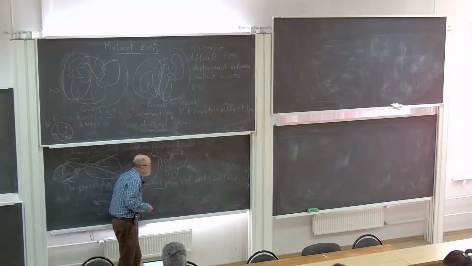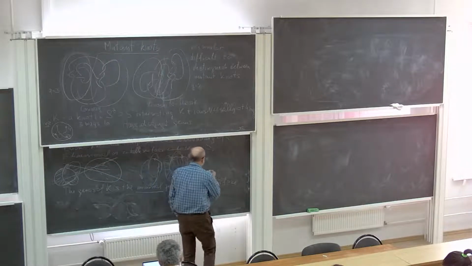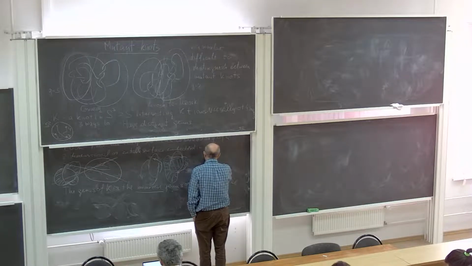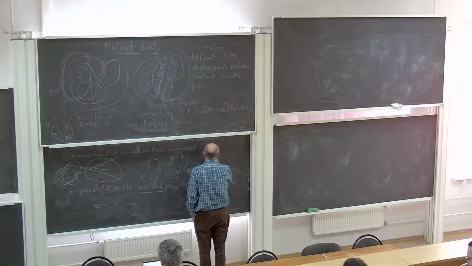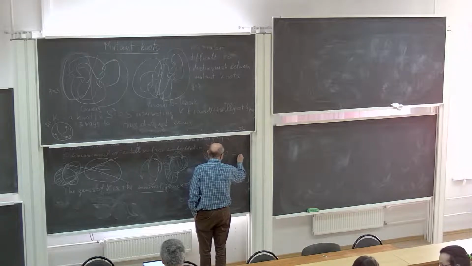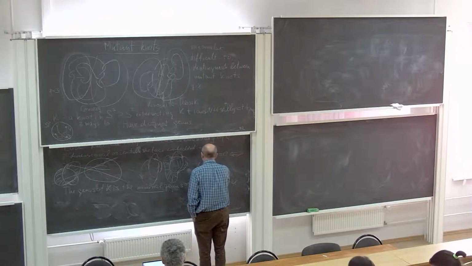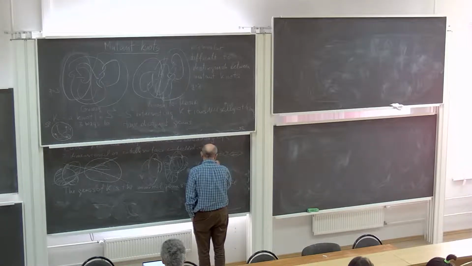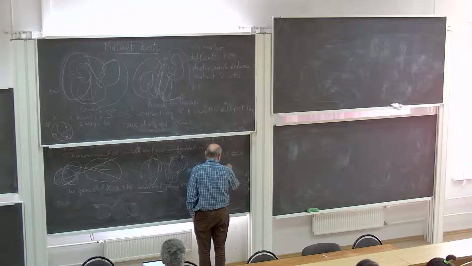There are some general theorems. For example, the genus of a knot equals 0 if and only if K is the unknot.